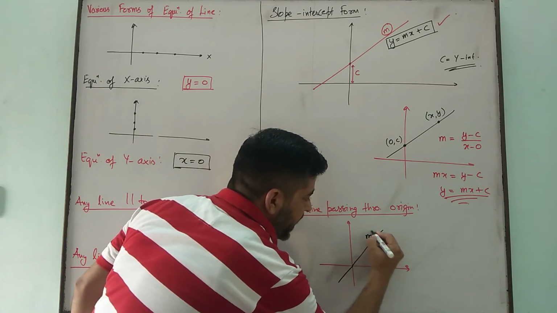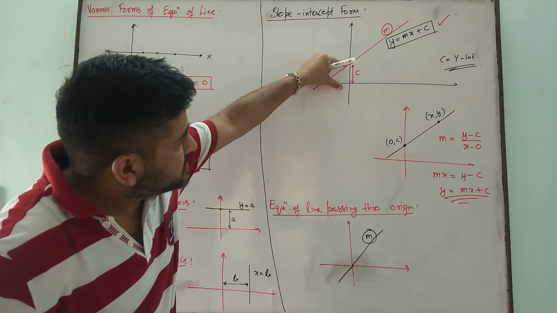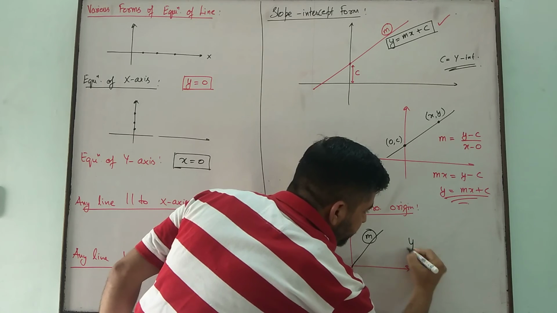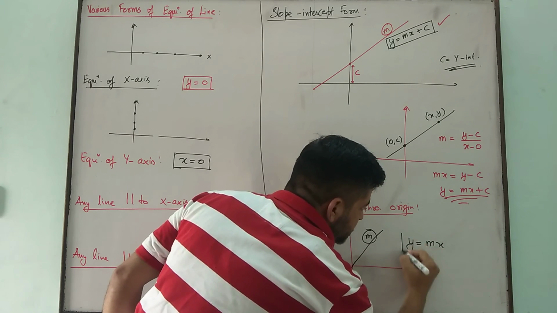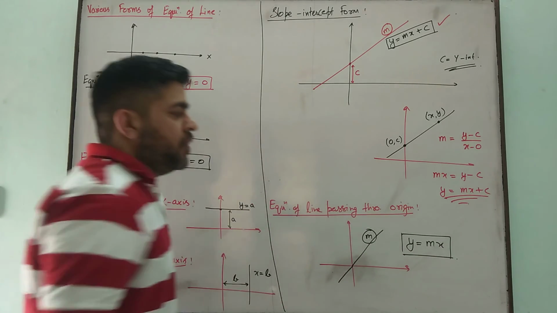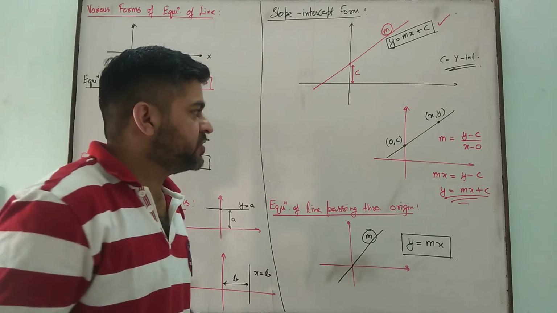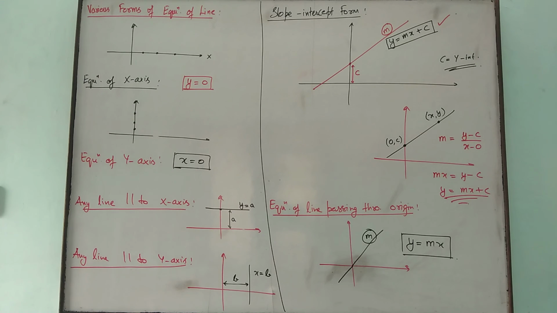Slope is given, let us say m. This c distance will be 0. If c is 0, then the equation of this line will be y is equal to mx directly. If it passes through origin, we know y is equal to mx is the direct equation of that. Just write it down.